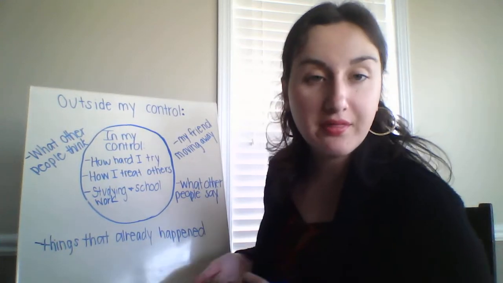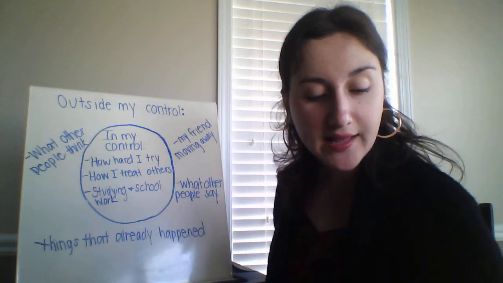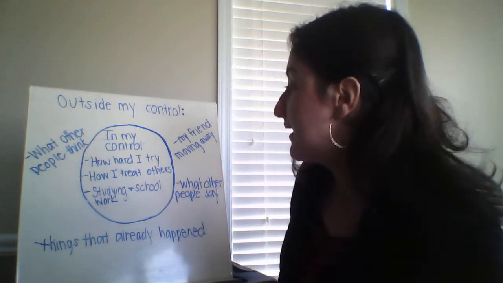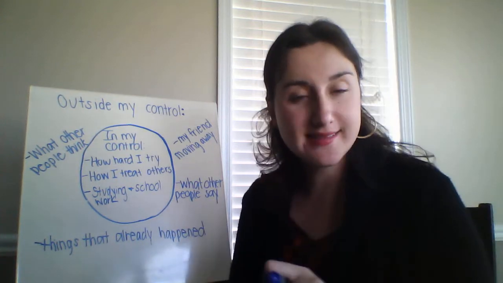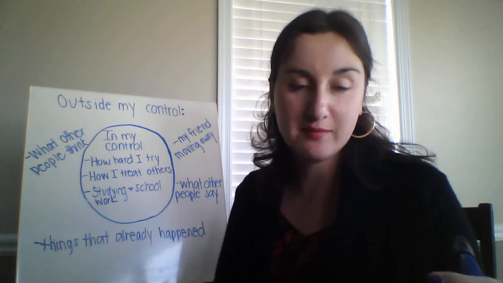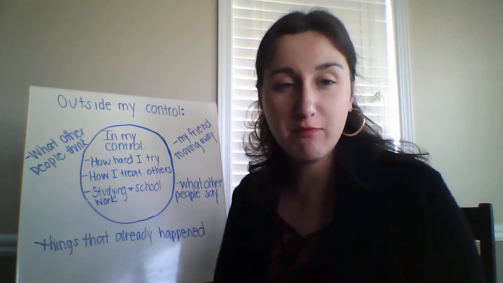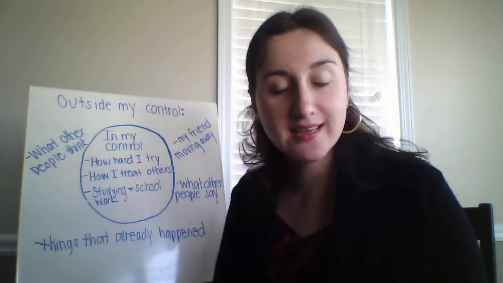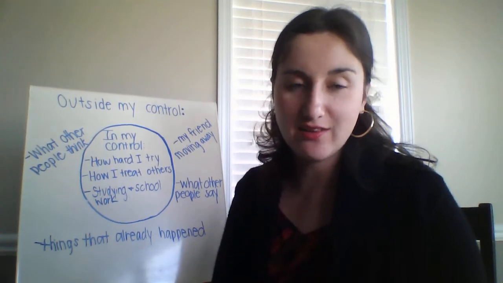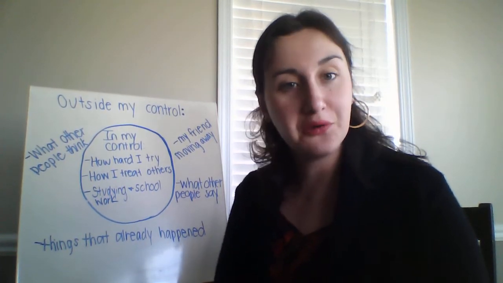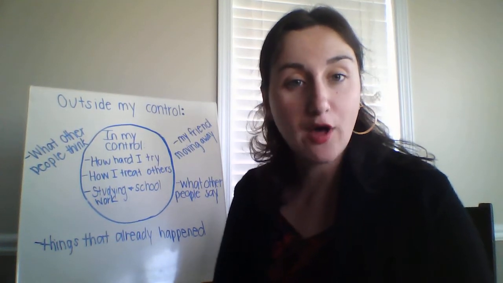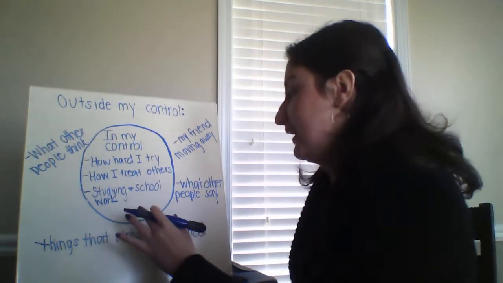What other people think and what other people say are outside of my control. Now, my thoughts and my attitude are something that is in my control. So if I have positive or happy thoughts, that's in my control. If I choose to have a negative attitude and be in a bad mood, that is also in my control. So my thoughts and attitude are in my control.